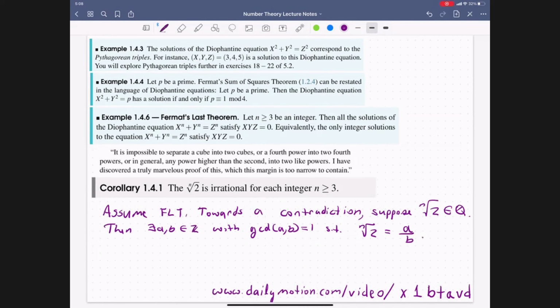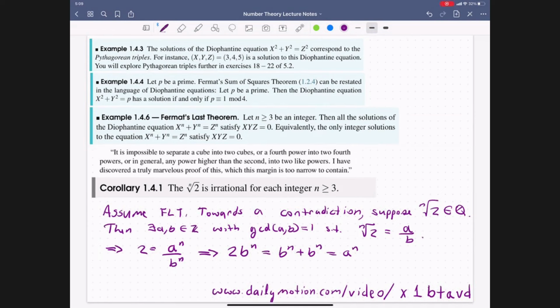Now, let's take nth powers on both sides. So now we have 2 is equal to a to the n over b to the n, which then tells us that 2 times b to the n, which is the same as saying b to the n plus b to the n, equals a to the n. Now, the nth root of 2 is a real number, it's non-zero. So what we have is a solution.